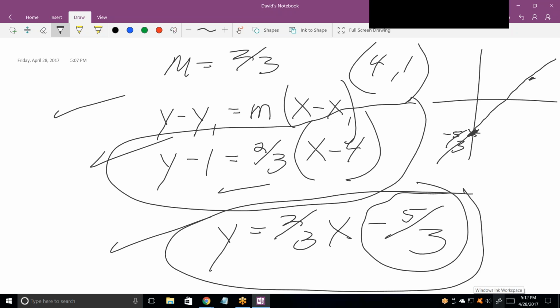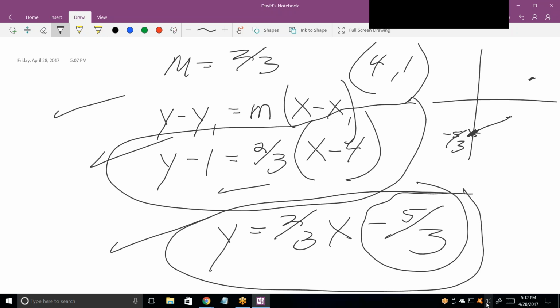But the other way is I got a slope of 2/3. What does that mean? That means I go up 2 and to the right 3. So there's the line. In other words, I don't need that other point. I needed it to come up with the equation of the line, but I don't need it to graph the line.